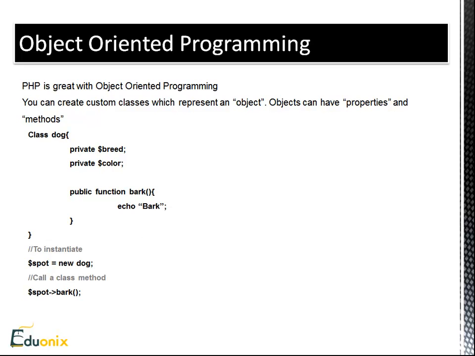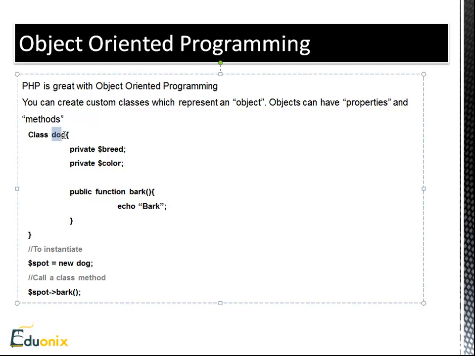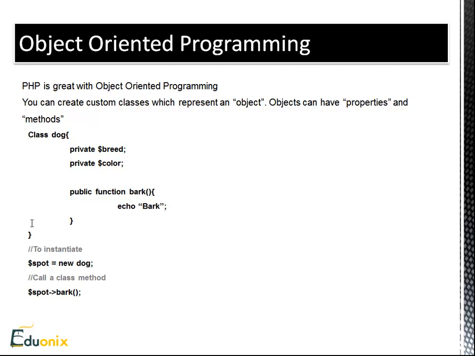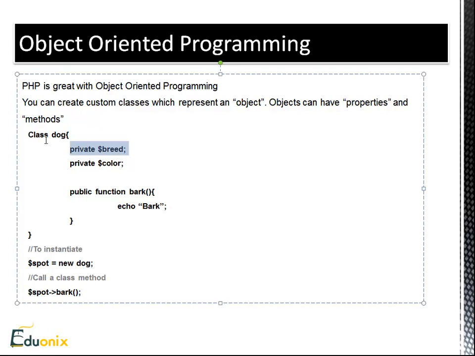Object-oriented programming in PHP really shines when you use objects. This is an example. Of course, it's a hypothetical example, as we have a class of dog. So all objects belong to a class. Here we have some properties. Classes can have properties.